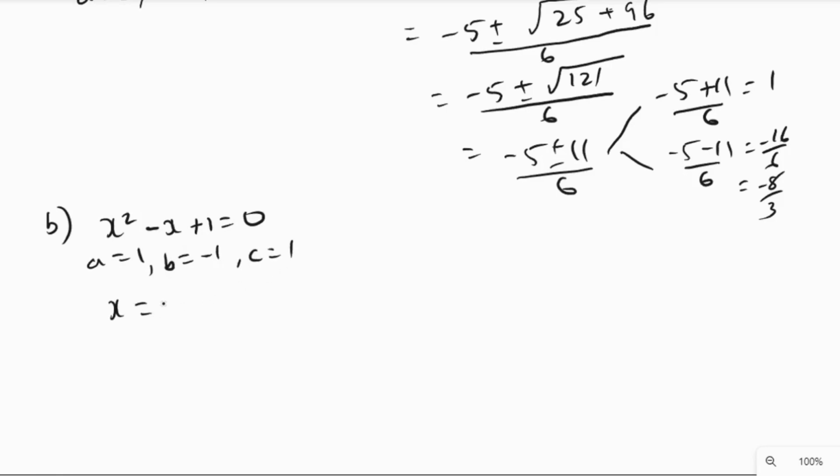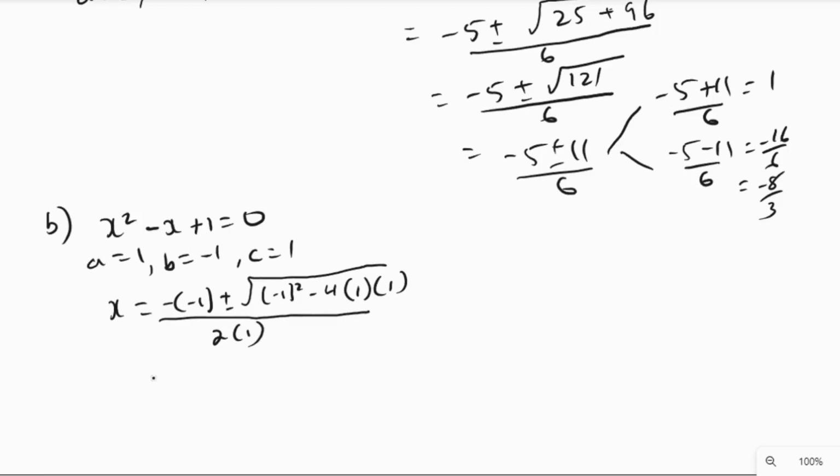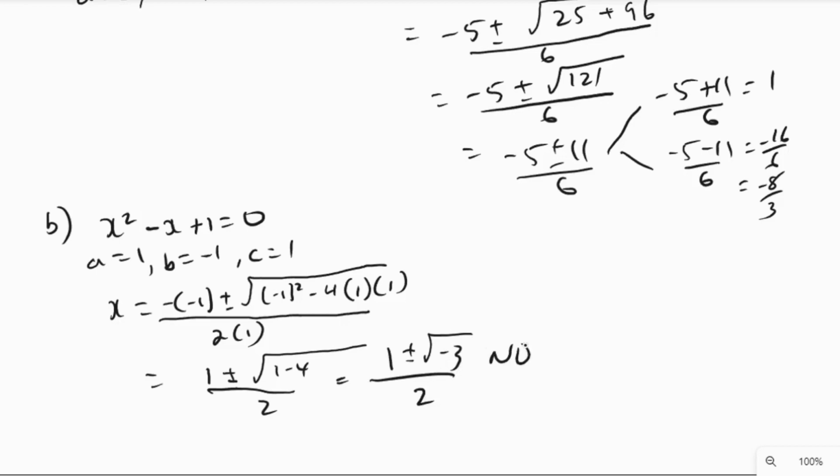Therefore, x equal to minus b, minus minus 1, plus minus square root of b squared, minus 1 squared, minus 4 times c over 2a, which is 1 plus minus square root of 1 minus 4 over 2, which is 1 plus minus square root of negative 3. We do not have square root of a negative number, it's an imaginary number, so we say there's no real roots.